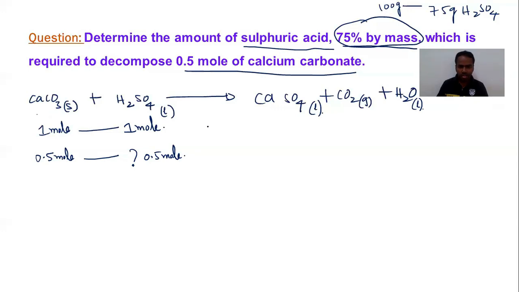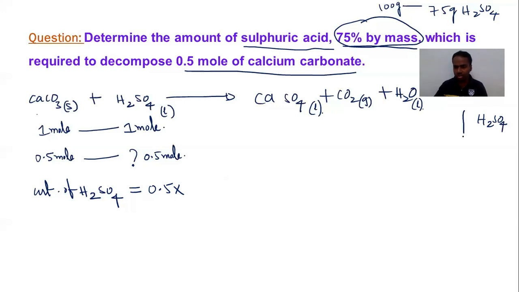But I don't want moles here. I want the weight of sulfuric acid. After that, we need to convert this 0.5 moles of H2SO4 to the weight of H2SO4. So weight of H2SO4 is equal to number of moles into its molecular mass, 0.5 into the molecular mass of H2SO4.